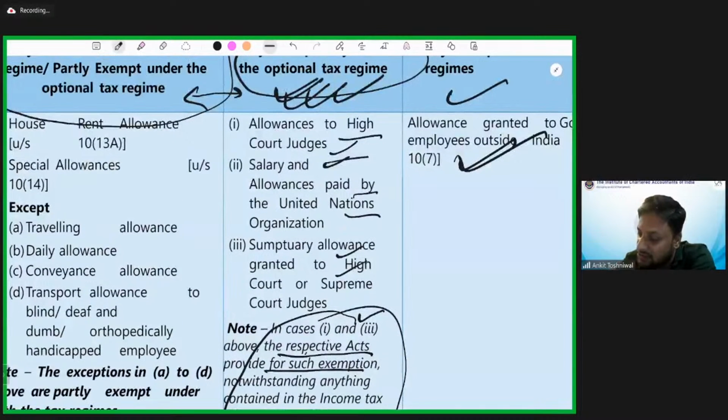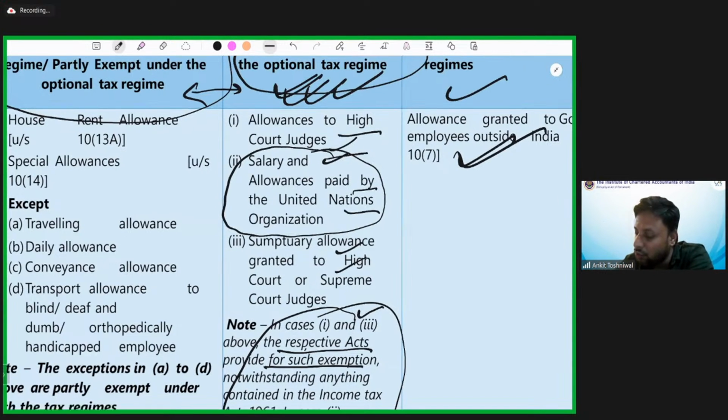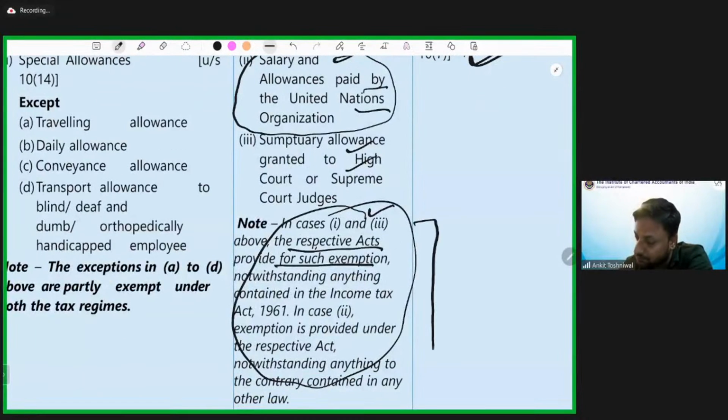And last one, salary and allowances by United Nations organizations. If UNO is giving you salary or allowances and you are opting the old regime, then it is exempted. But if you are opting the new regime, then we have to write these remarks. Okay?